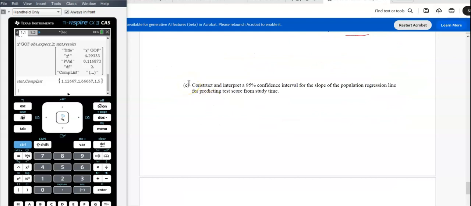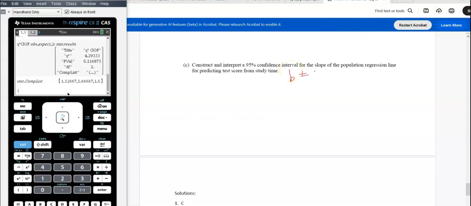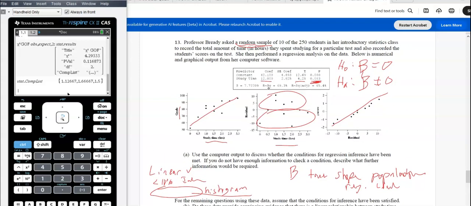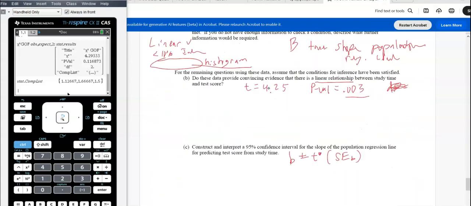Construct and interpret a 95% confidence interval for the slope of the population regression line for predicting test scores from study time. Just get a totally different frame of mind for a second to do an interval for the same type of data there. Okay, so here's our formula. So we're going to go with, let's get our slope here, so slope is 12.